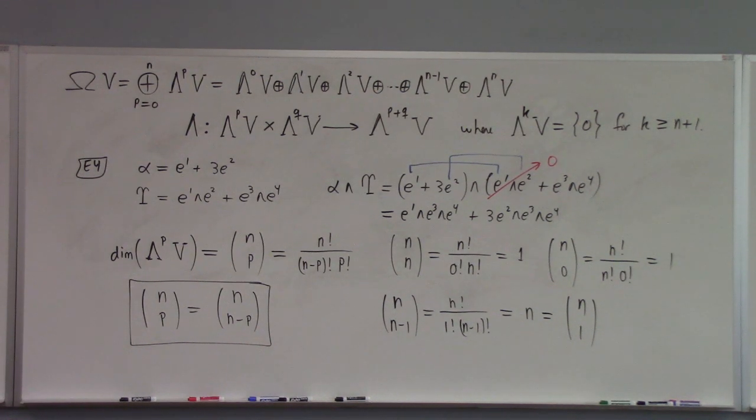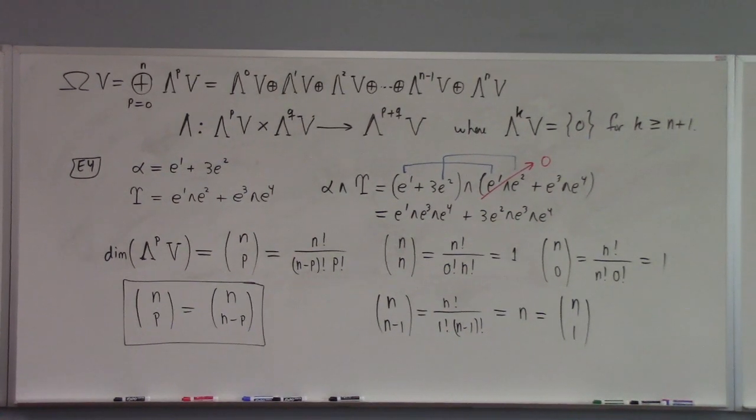So you guys tell me, what should the Hodge dual of 1 be? It has to be E1 wedge E2 wedge E3, right? Because the Hodge dual goes from a 0 form to an n minus 0, which is a 3 minus 0 form. What's the Hodge dual of E1 wedge E2 wedge E3?